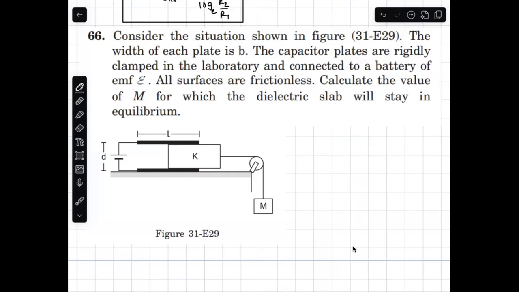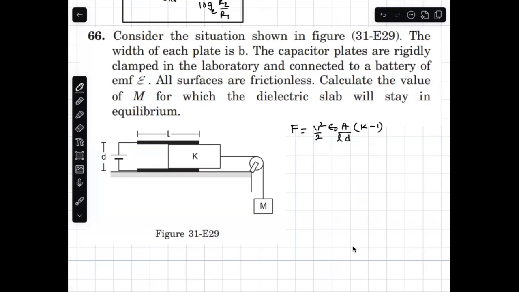Yesterday I have given. F is equal to V square by 2 epsilon naught, area by length, into distance times (k minus 1), dielectric constant minus 1.